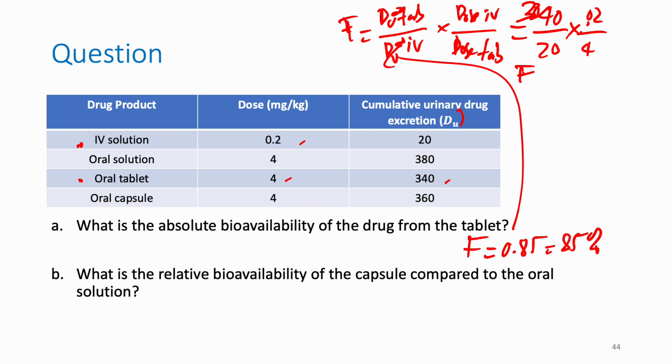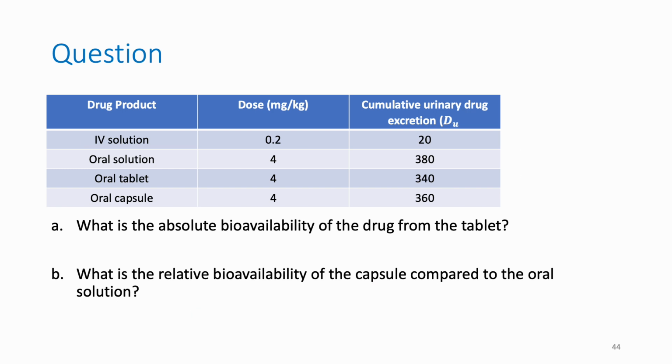B. What is the relative bioavailability of the capsule compared to the oral solution? In this case, because the capsule is compared to the oral solution, the oral solution will be the reference standard, and the capsule will be the test.